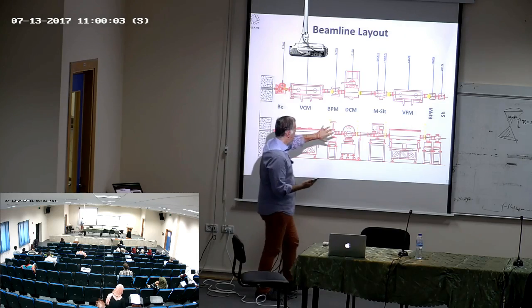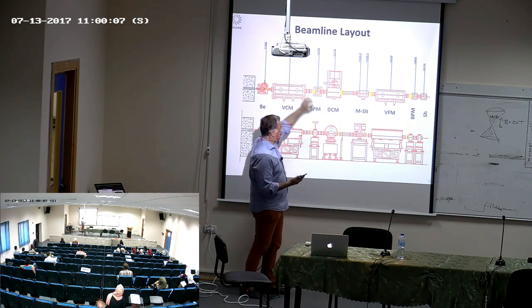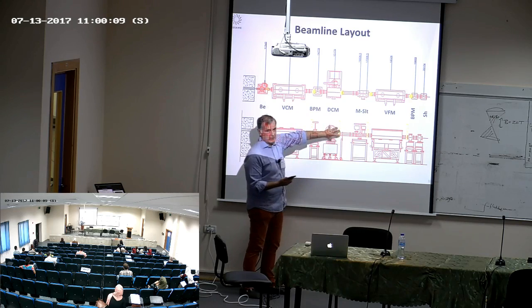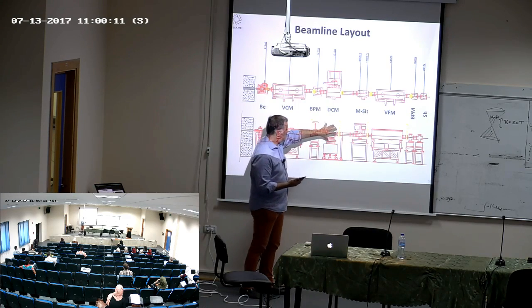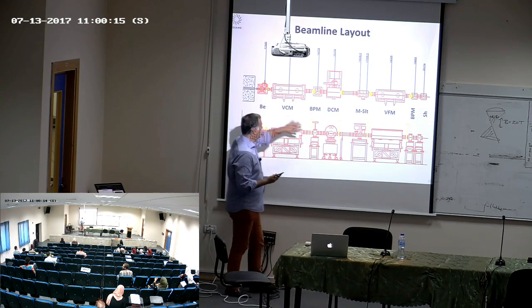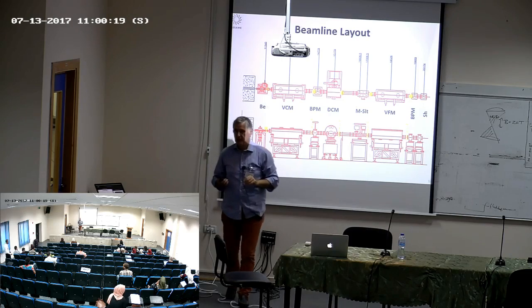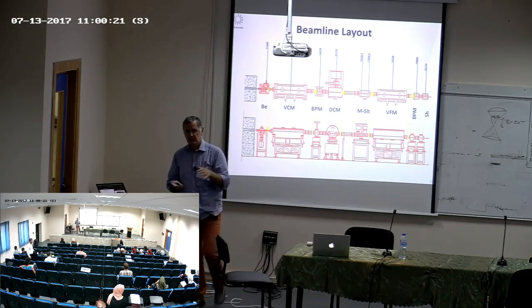This is what the beamline looks like. We have a monochromator here. This is the top view, this is the side view. This is the monochromator, so this selects one wavelength or one energy at a time. And before that, you put a vertically collimating mirror.